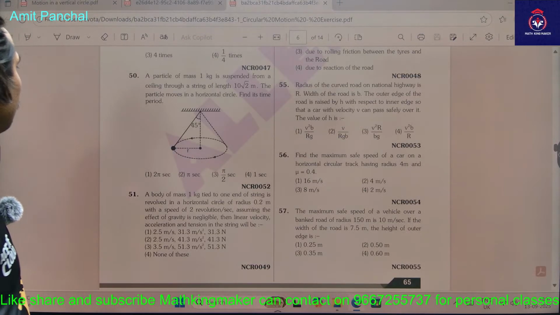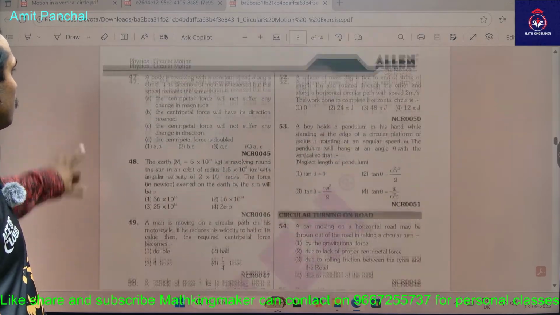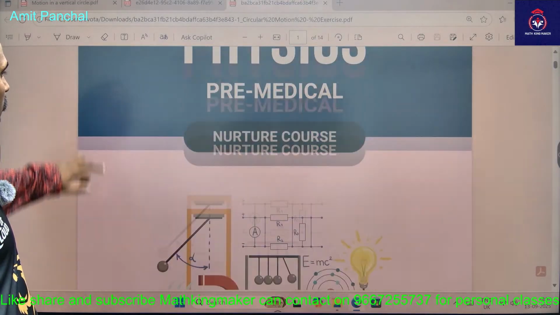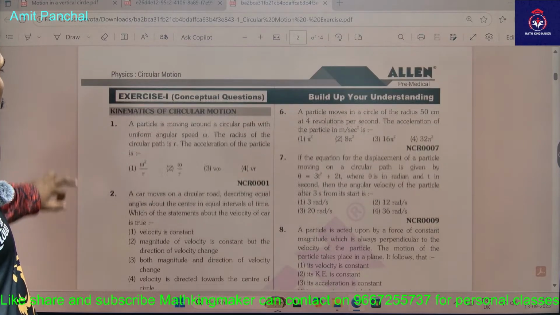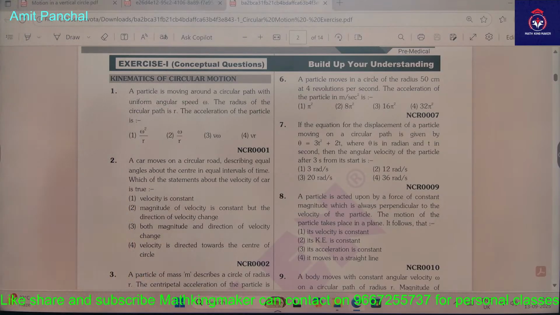This type of questions are given. What about the theory? Is there anything else? The theory I covered everything. Can you check? Yeah, I checked it.